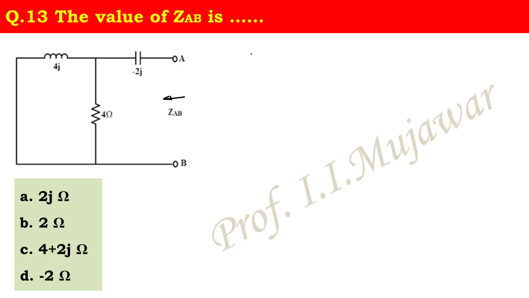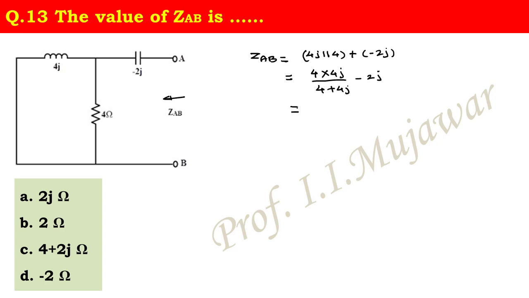So ZAB is nothing but, now this 4J and 4 are in parallel. So 4J is in parallel with 4, and that parallel combination is in series with minus 2J. If you simplify this, 4 into 4J, the parallel combination, divided by 4 plus 4J, minus 2J.